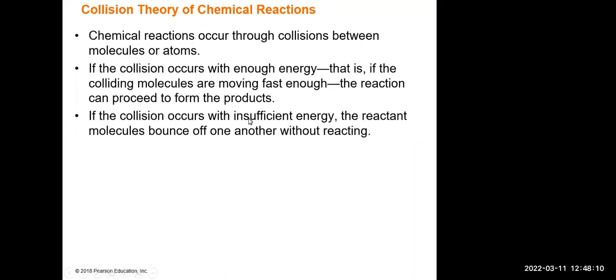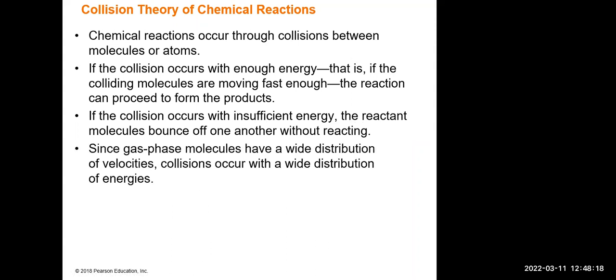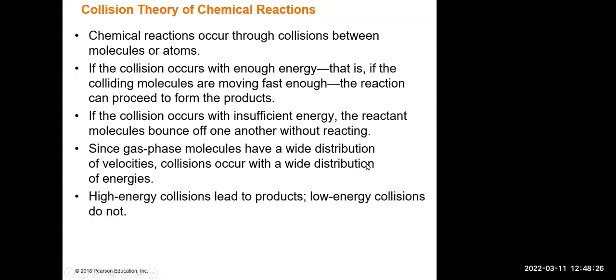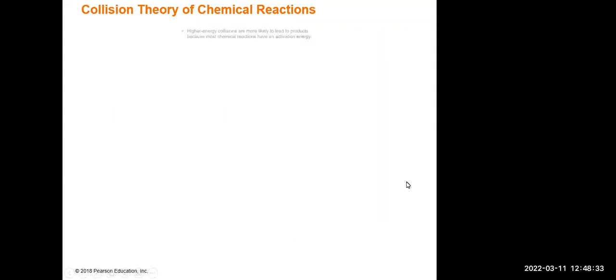If the collision occurs with insufficient energy, the reactant molecules bounce off one another without reacting. Since gas phase molecules have a wide distribution of velocity, collisions occur with a wide range of energies. High energy collisions lead to products, low energy collisions do not.